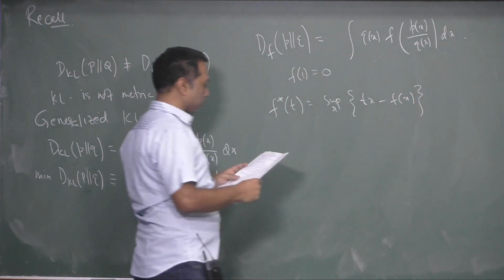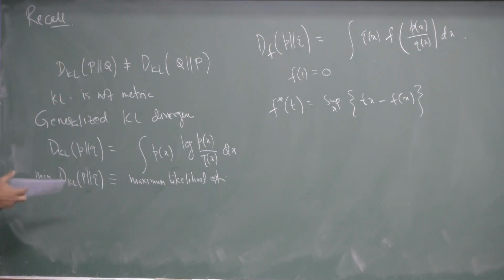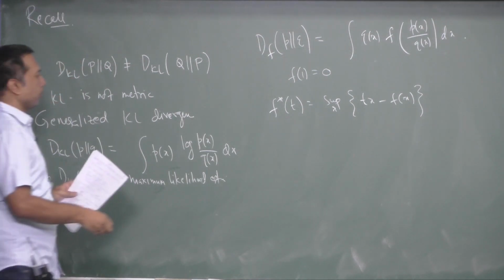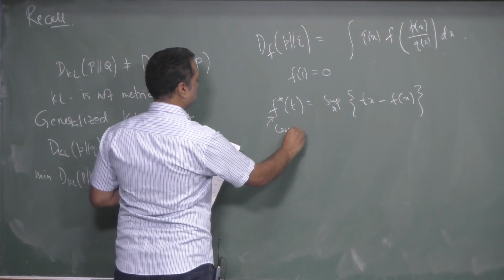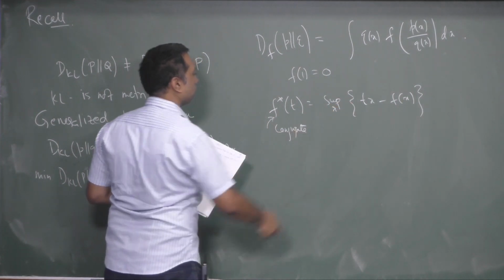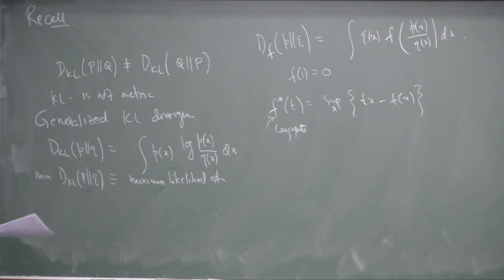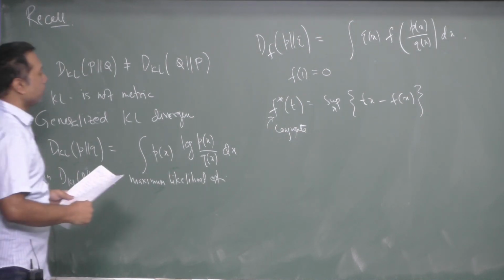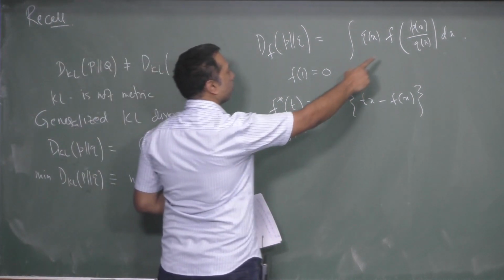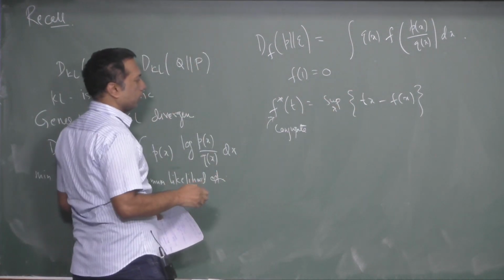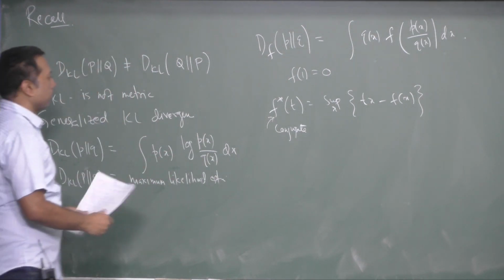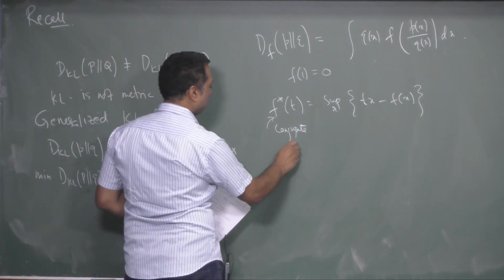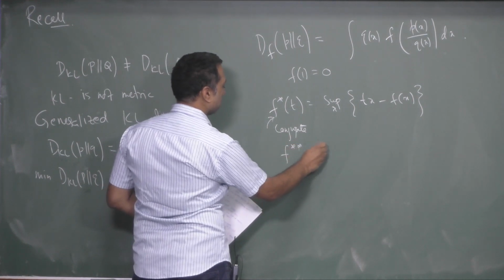This is something we have seen in convex analysis as well. This is called the conjugate, and it is convex because it's a supremum of a set of affine functions, so it's convex in T. Later we also noticed that for a convex function which is also closed, meaning the epigraph is a closed set, F star star becomes F.